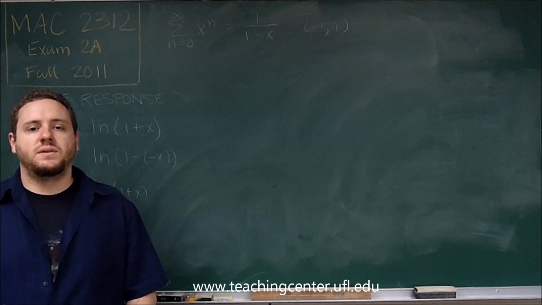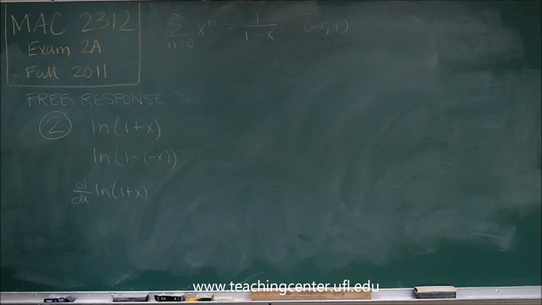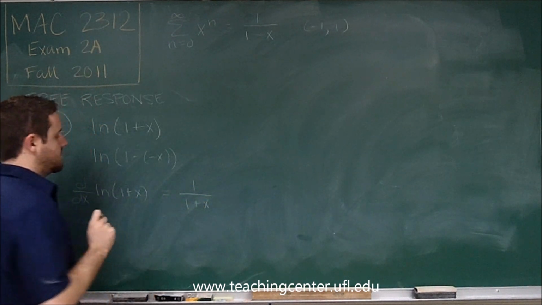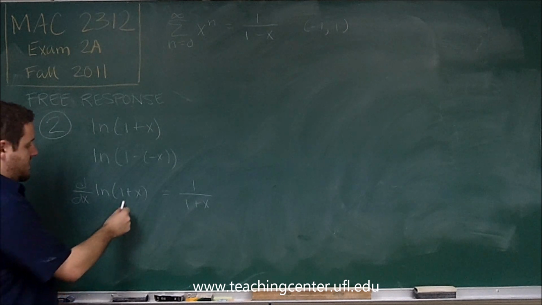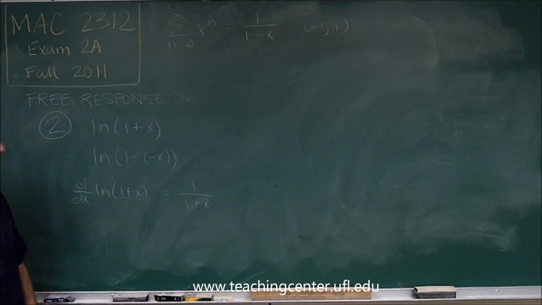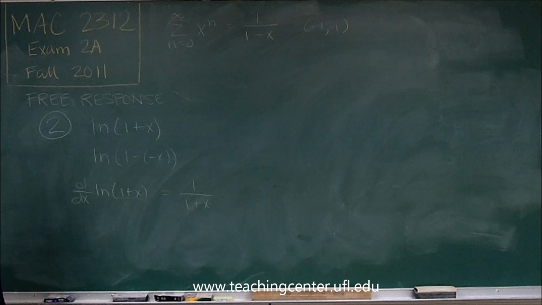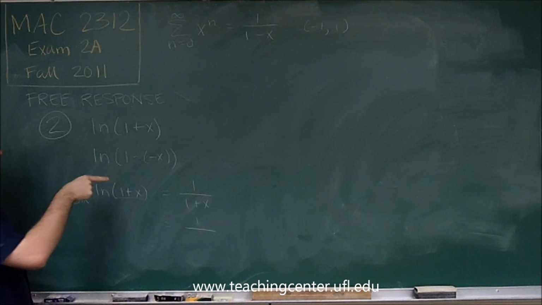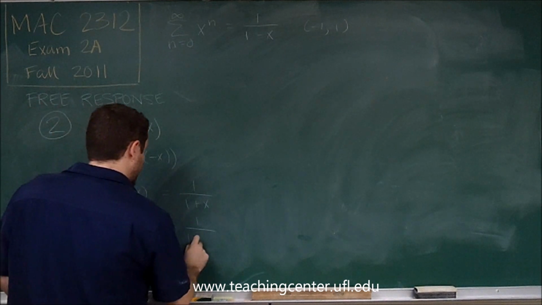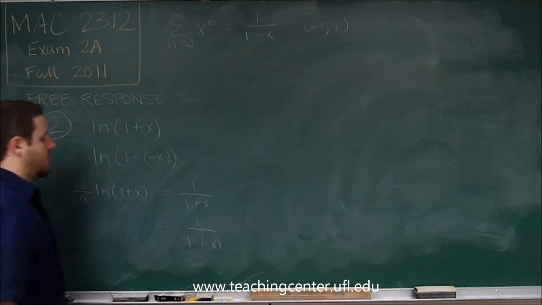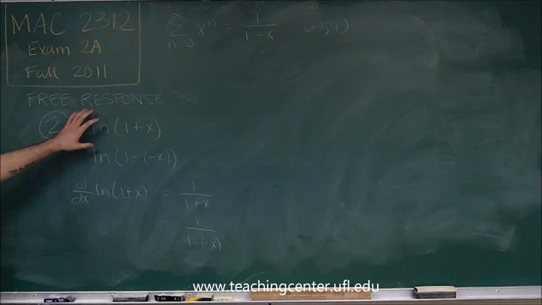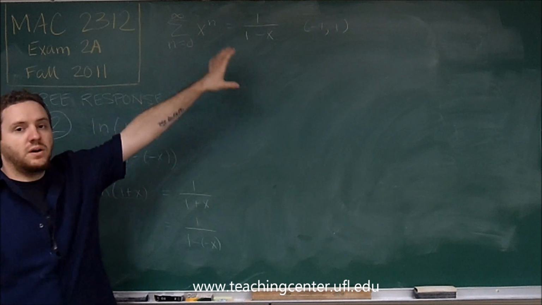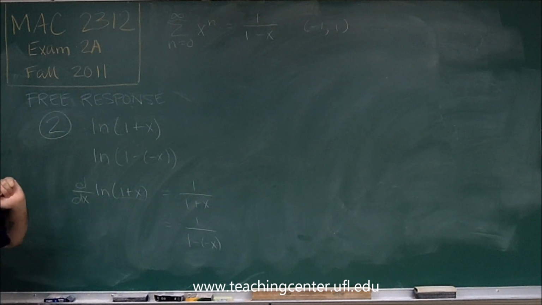Whenever you take the derivative of a natural log, remember that you're going to get 1 over that times the derivative of the inside, but in this case, the derivative here is just 1, so we don't have to worry about the chain rule. And by doing this same transformation as we did here, if we take the derivative of what we want, we get something that we know, which means that if we take the antiderivative of the thing we know, we'll get what we want.